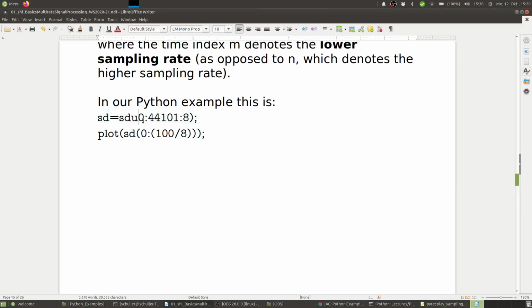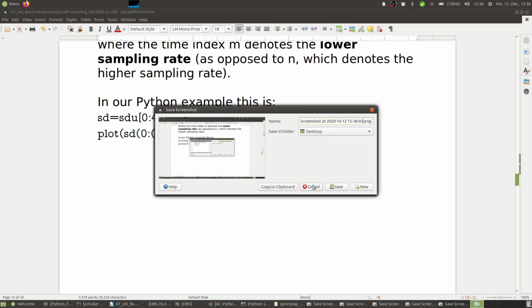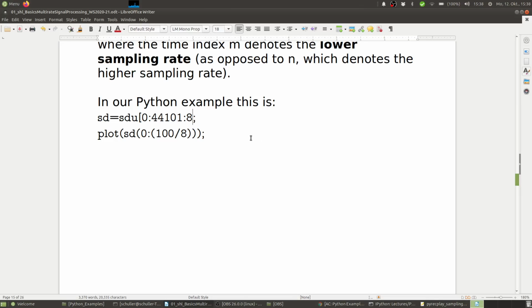There's also a problem here, and the same here. The argument of arrays always uses square brackets. The round brackets are for functions like plot of. So these are round brackets, but the index of arrays always uses square brackets.